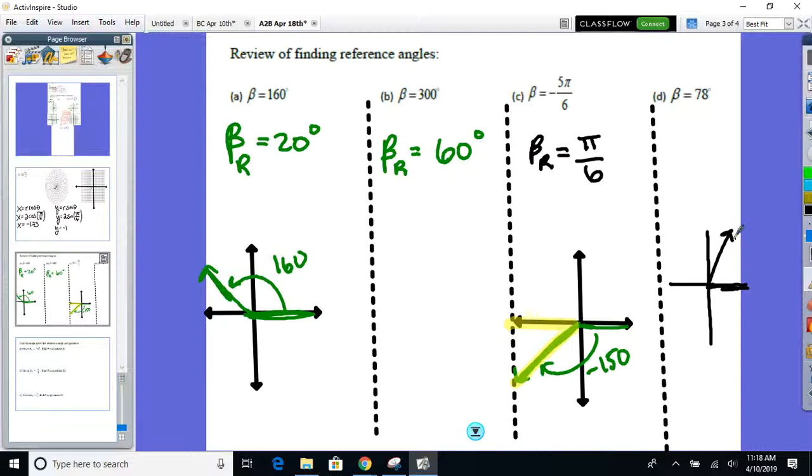Okay, it's 78. 78, yep. First quadrant. Reference angle is formed by the terminal side and the x-axis. It's got to be less than 90. You're correct. So if an angle's in the first quadrant, it's the reference angle. All right?